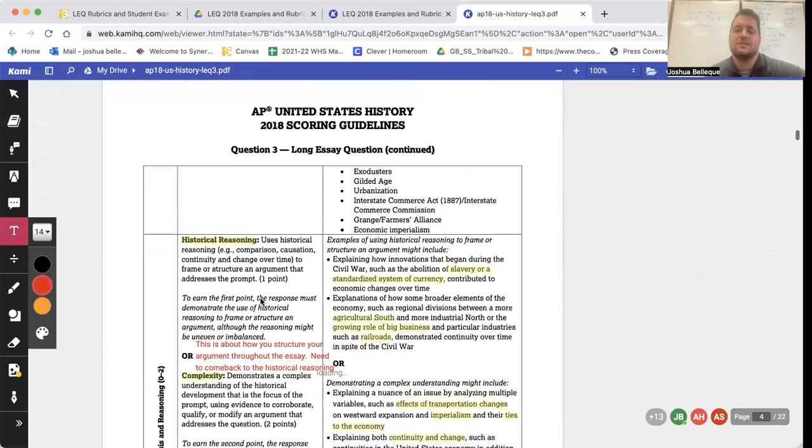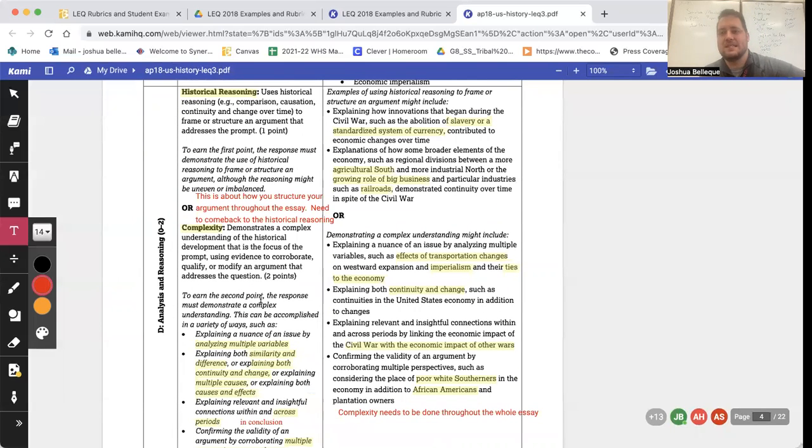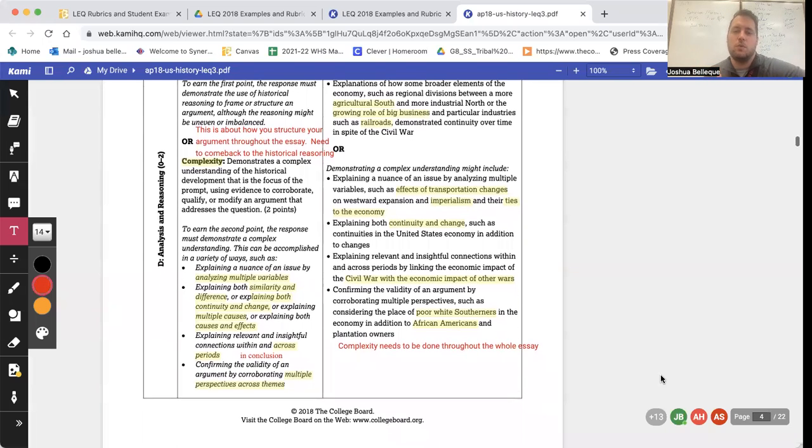Now we have our 2 new points: historical reasoning and complexity. Complexity is the same as in the DBQ. All right, sorry, there was someone at the door. Complexity is the same as the DBQ, so you want to make sure it's done throughout the whole essay.